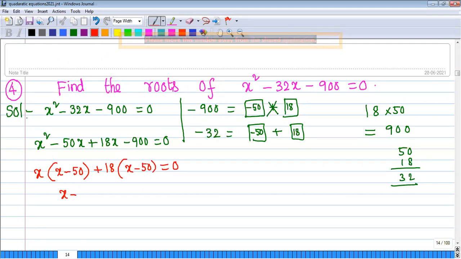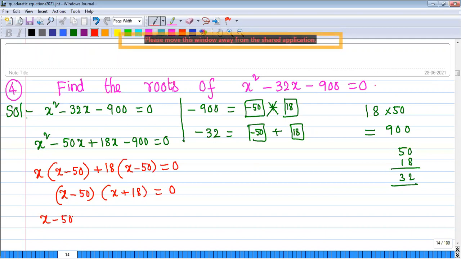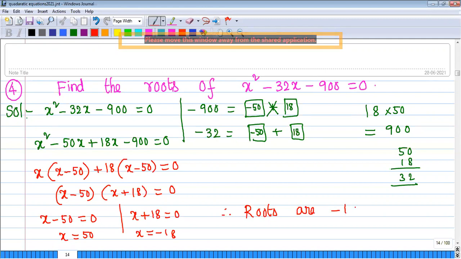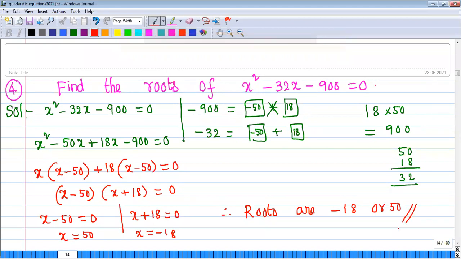Now we can take x minus 50 common. x plus 18 equals to 0. So x minus 50 is equal to 0 and x plus 18 equals to 0. We get x is equal to 50 and x is equal to minus 18. Therefore, roots are minus 18 or 50. And 50 also you can write, no problem.